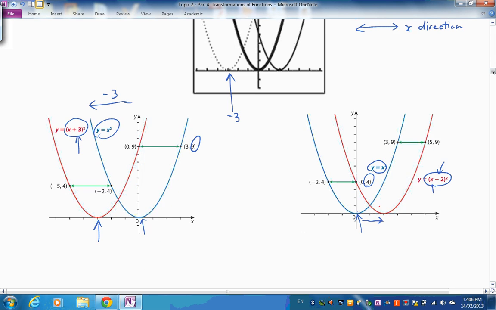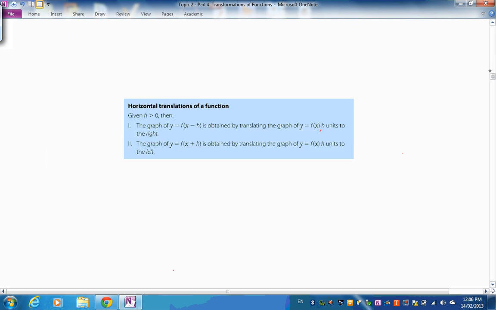Let's move on and have a look down here at a summary, and we've got our horizontal translations. Now, horizontal means in the x direction, which means this way. All right, so if you're talking about a positive h value and you take it away in place of x, look at that now, f of x, instead of x you've put x take h.